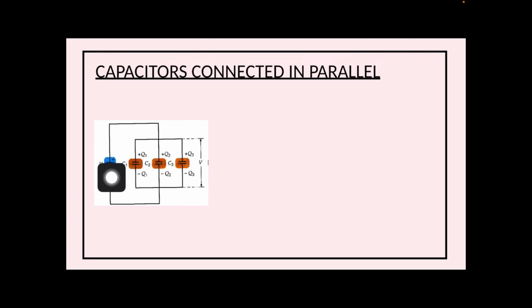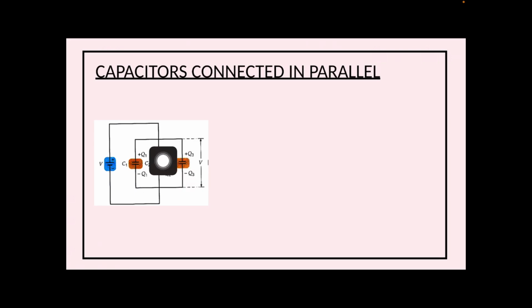The 50 coulomb coming from V passes through to the junction, and that 50 coulomb needs to be distributed according to C1, C2 and C3. So it depends. Either 20 coulomb goes to C1, 10 coulomb to C2, and another 20 coulomb to C3.